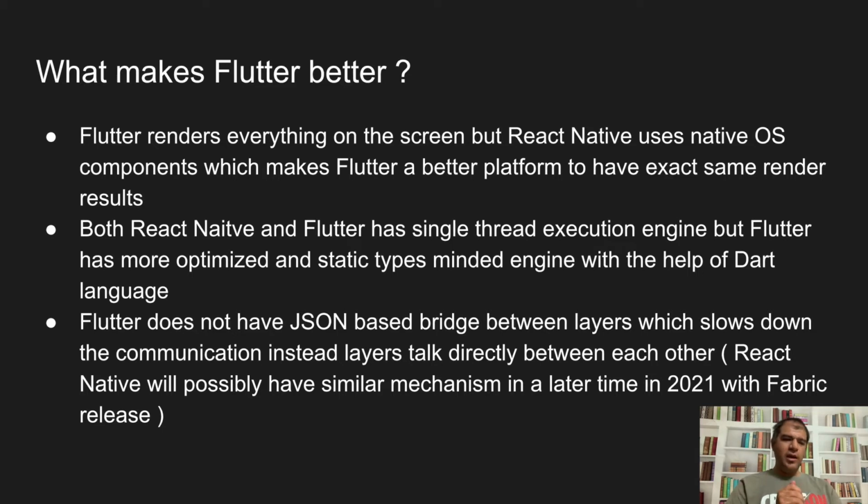This gives the Dart execution engine a little bit more optimized performance compared to JavaScript, because in the JavaScript world, because it is very dynamic, we tend to have not very optimized code. So at this point Flutter is a little bit ahead of JavaScript, but this doesn't mean that JavaScript is bad.